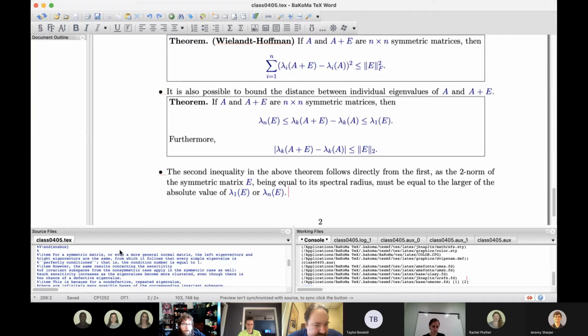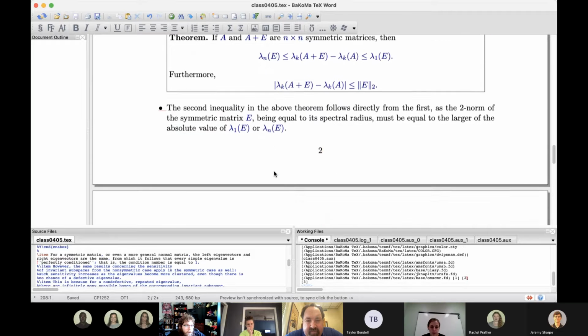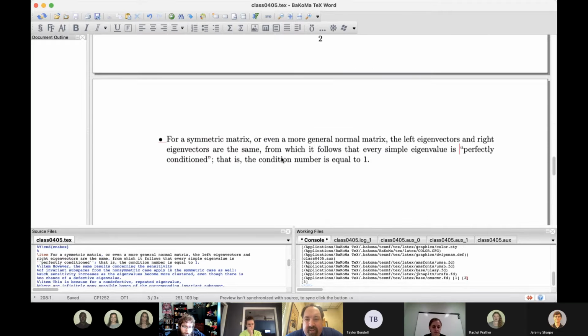Now, speaking of conditioning, I've talked before about the condition number for an eigenvalue, and a formula was derived for that. It was 1 over the cosine of the angle between the left and right eigenvectors for that eigenvalue. So what happens in the symmetric case? It works out very nicely. If the matrix is symmetric, or even if it's a normal matrix, not necessarily symmetric, the left and right eigenvectors are the same.